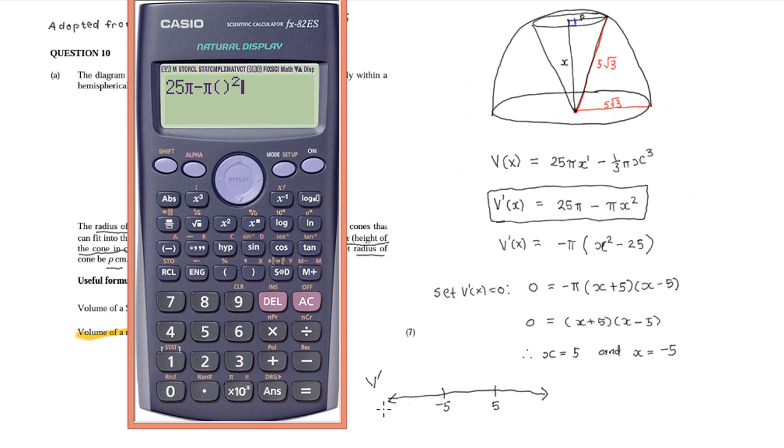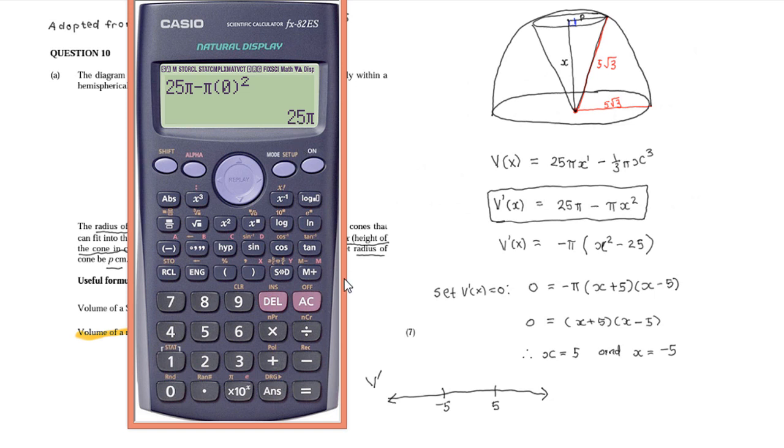So for this open interval from negative infinity to minus 5, let's choose a test value of minus 8. Okay, and we see that we get a negative result, right? And for the interval between minus 5 and positive 5, let's choose a test value of 0.